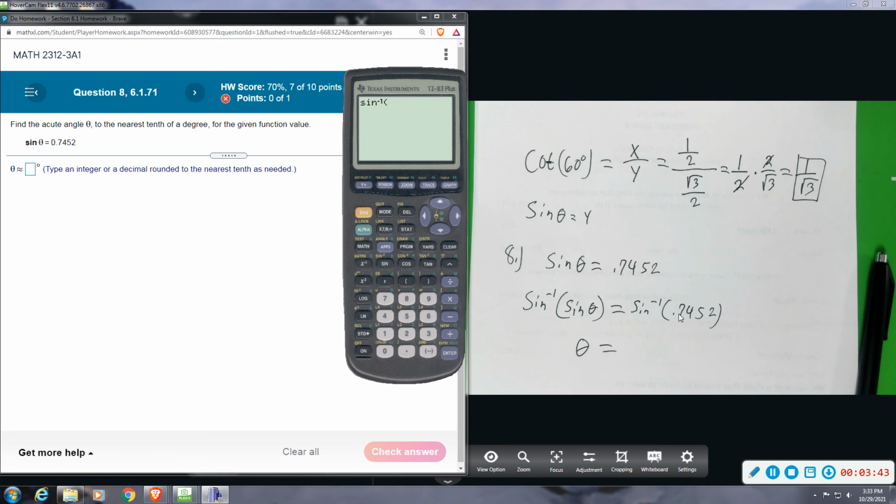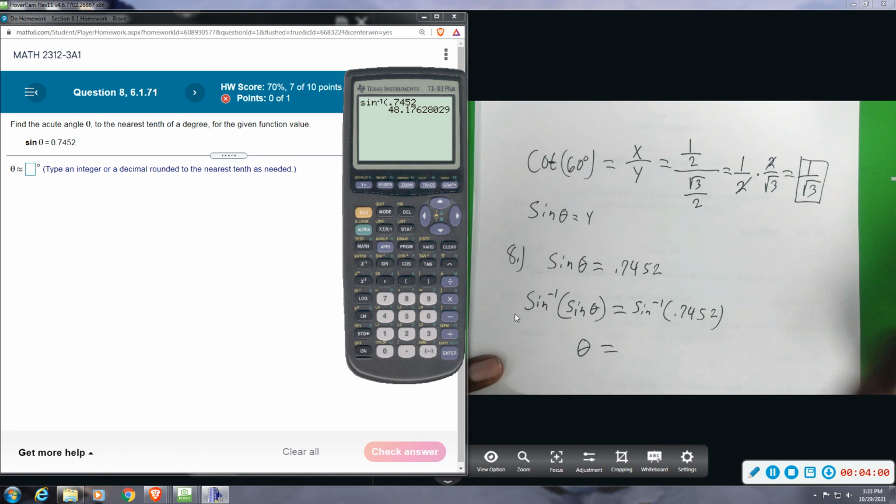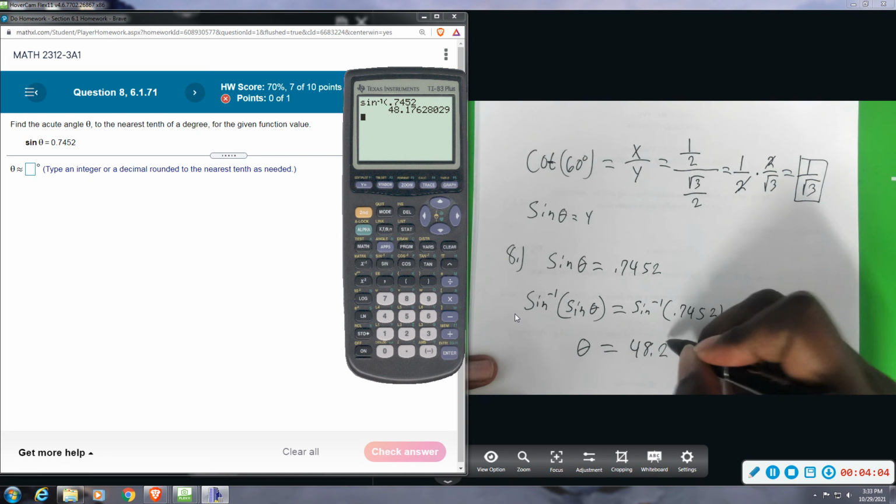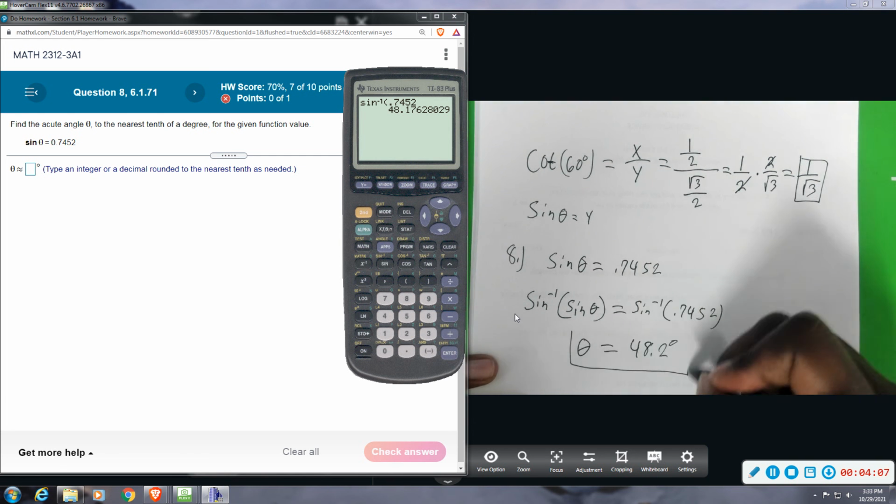And then we're just going to type in the 0.7452 and then hit enter. So we get 48.17, and we want to round to the nearest tenth. So it's going to be about 48.2. Okay. So what we're getting is 48.2 degrees. So that's what theta is going to be.